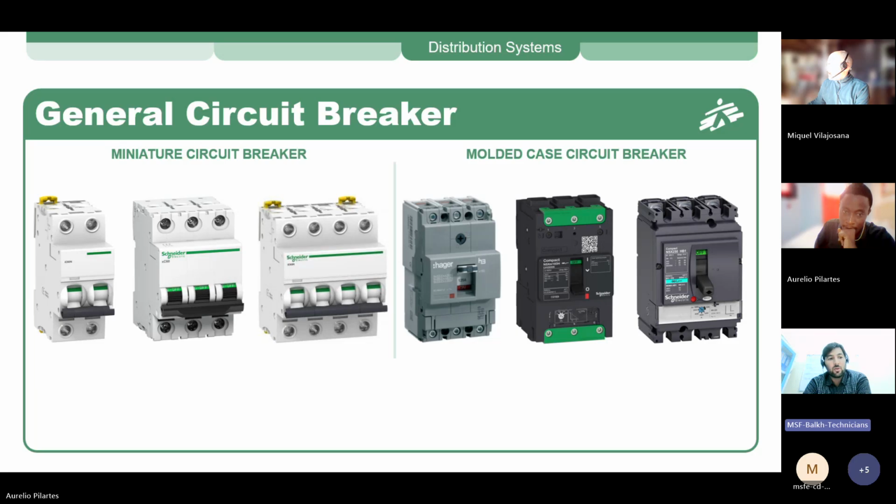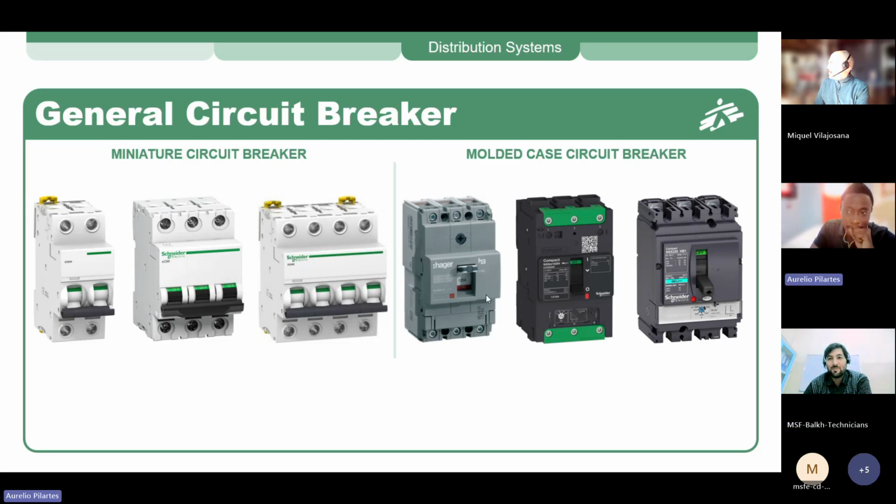So most of the time, as per MSF standards, we should always use 4-pole and 2-pole MCB breakers. We should protect also the neutral line. And also the type of circuit breakers should be all the time type B. As per the MSF standard, it should be type B. Okay, thank you very much, Shawad.